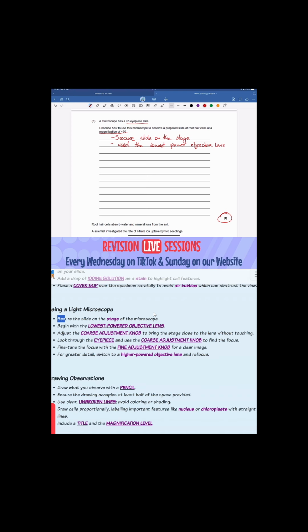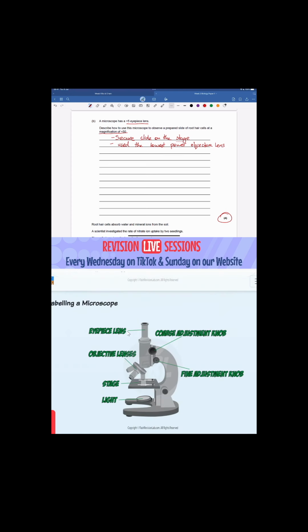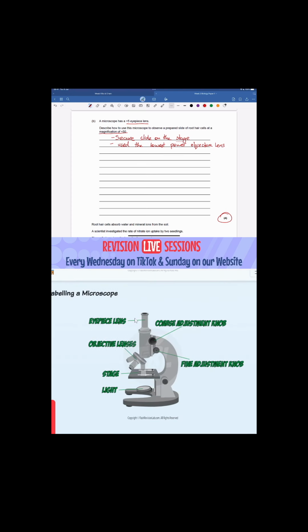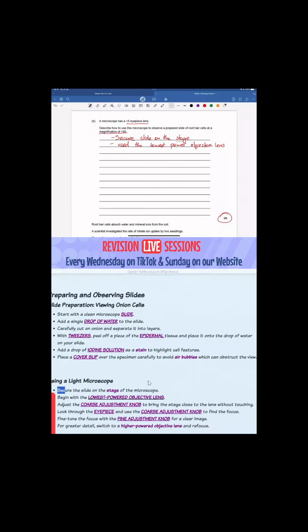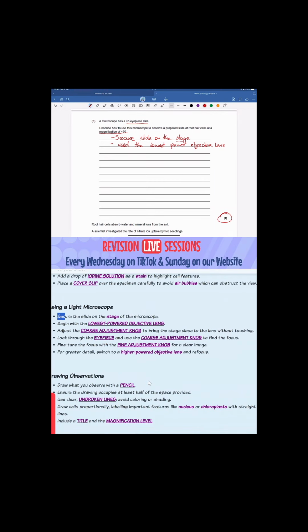The objective lens, let me show you the difference. There's two lenses you've got here. The top, you've got the eyepiece lens. You can't change the eyepiece lens. That always stays the same. Objective lens, you can see here, there's three. This one you can change. There's three different ones, it gets higher and higher. So you always want to start with the lowest power objective lens, whatever that is.